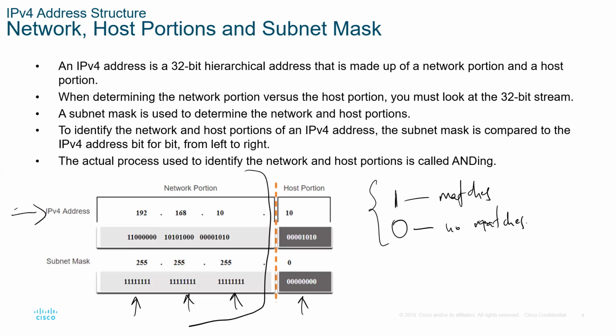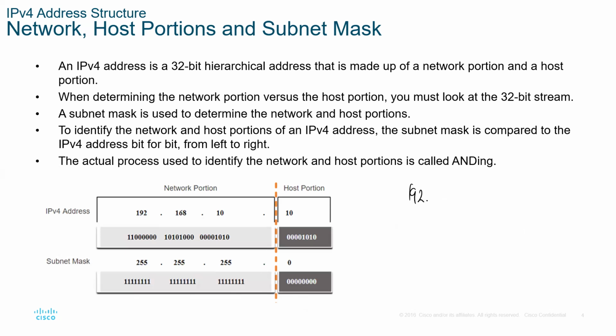So an IP address has two things, the IP address itself and the subnet mask. I can write it like this: 192.168.10.10, 255.255.255.0. An IP address is represented by these two numbers.